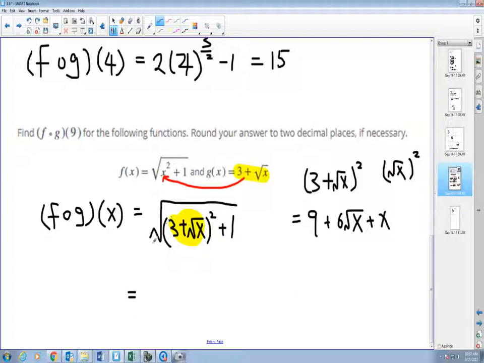Okay, so inside this big old square root, I will end up with 6 times square root of x, plus x. Don't forget the plus 1. So this 9 plus 1 would be plus 10. Okay, very, very weird.